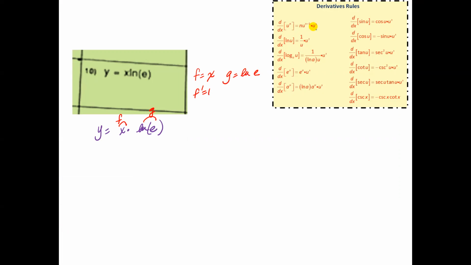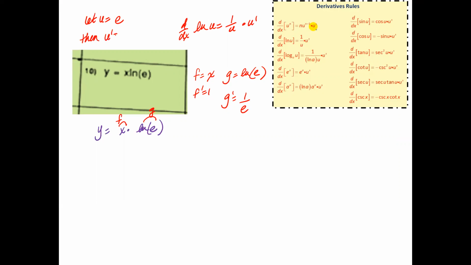And notice this is not x, okay? It's ln e. So then if I'm going to do a derivative of ln u, it has to be 1 over u times u prime. So then the derivative for this is going to be 1 over u. And remember, u is e because you're going to say, okay, let u equals e.